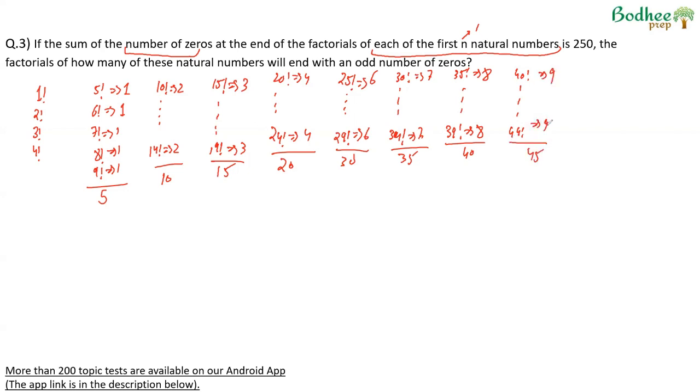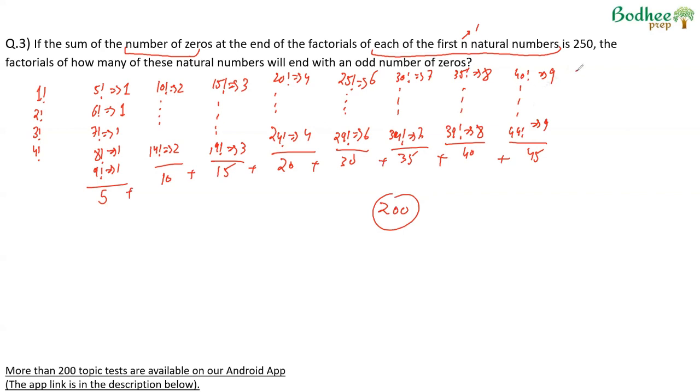And therefore 45 zeros added. Just to get an idea of how many zeros there are till now: 5 plus 10, 15, 15 plus 15, 30, 30 plus 20, 50, 50 plus 30, 80, 80 plus 35 is 115, 115 plus 40 is 155, plus 45 is 200. So we have 200 zeros till this point.